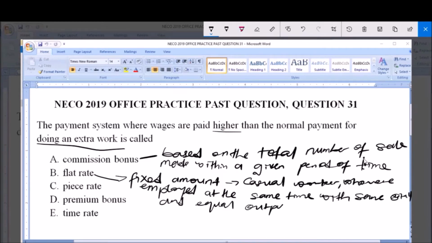So we call this flat rate: the type of payment whereby a fixed amount is given to a group of workers that were employed at the same time, providing the same skill and equal outputs over a period of time.